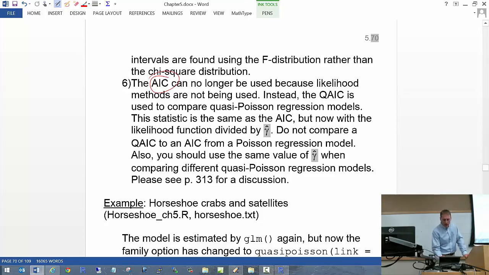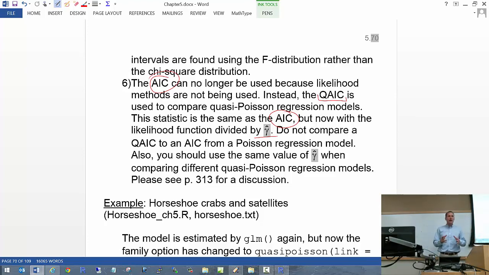Instead, what we can do is use a measure called QAIC, quasi-AIC. And all it is is AIC divided by gamma hat. And you can still make comparisons amongst models that are estimated by this quasi-Poisson procedure.